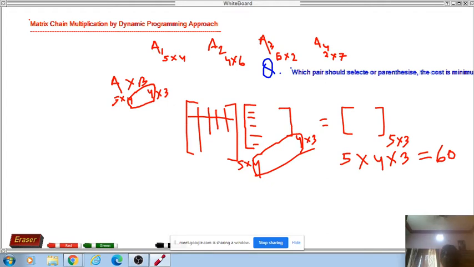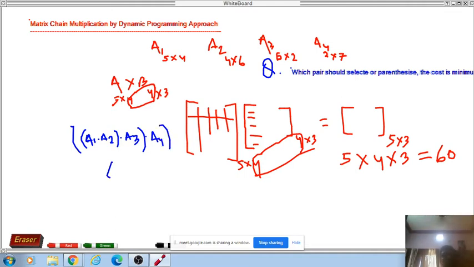If a1 is given, we can multiply a1, a2. These two can be multiplied first. Then I can multiply a3 with that. Then again, whatever result is there, I can multiply with a4. This can be possible.